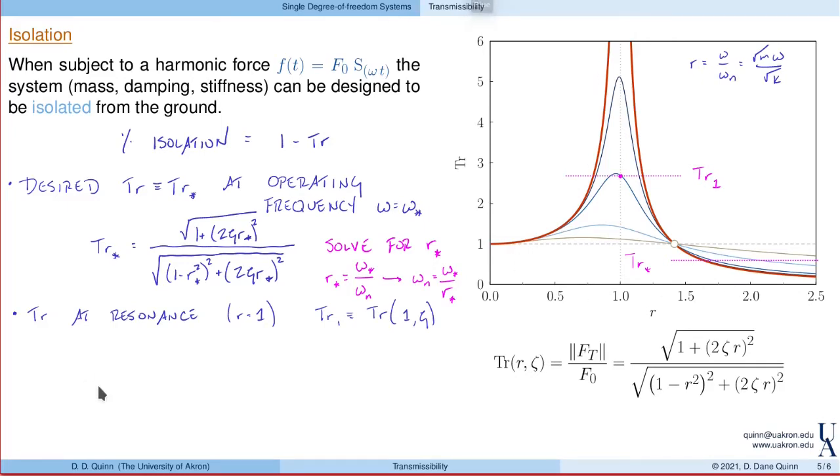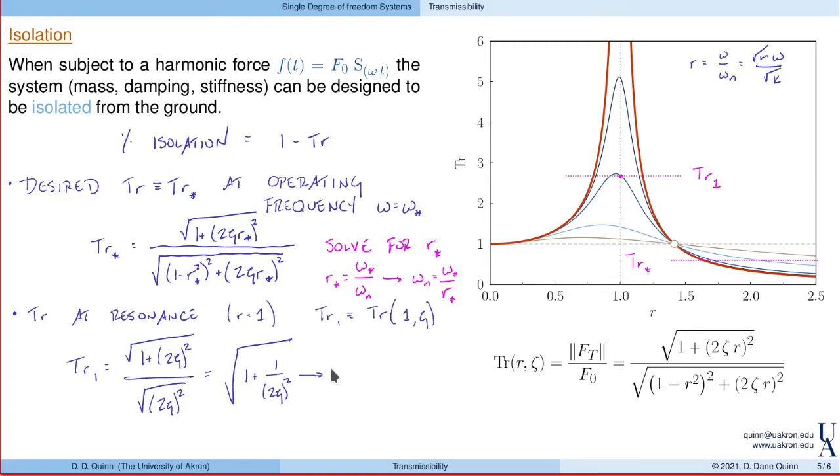So we can evaluate this, right? TR1, just put in R is equal to 1 in this expression, and we see that that reduces to 1 plus 2 zeta squared divided by square root of 2 zeta squared. Or we can simplify this a little bit as 1 plus 1 over 2 zeta squared.